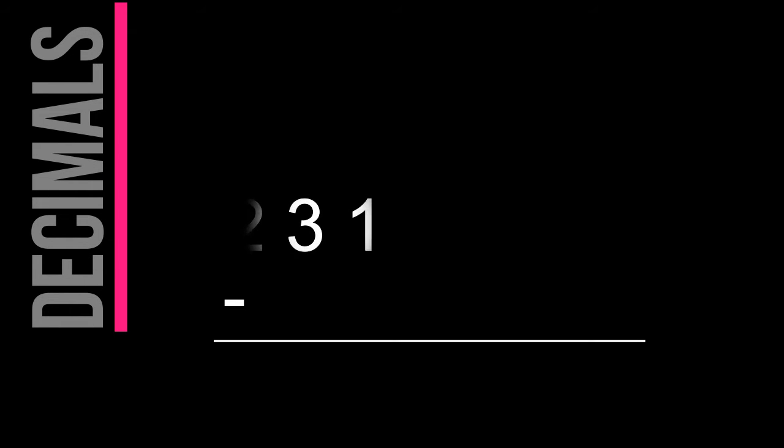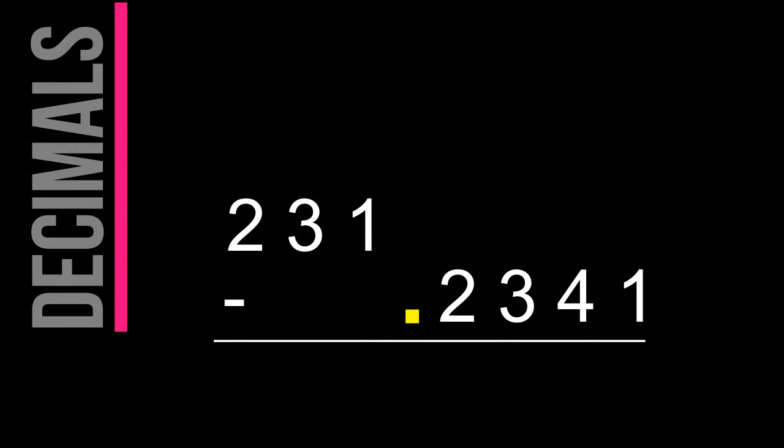Now we're going to move on to subtraction, and the steps for subtraction are the same as the steps for addition. So we're going to jump right in. Our problem is going to be 231 minus 0.2341. Let's look at the number 231.